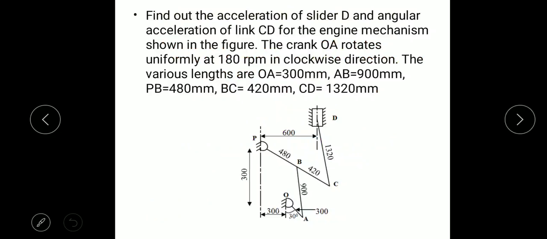So first of all we need to draw the figure, and the figure is given here. How to draw it in the correct dimensions will be explained by me in the next slide. You can see that there are three center lines, so I will start with those center lines.